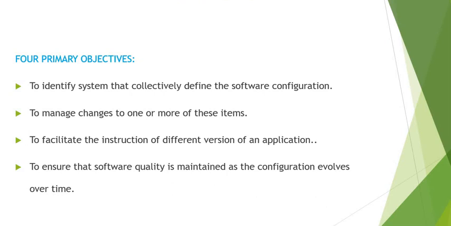Next, the top activities of software configuration management. An SCM plan, that is the software configuration management plan, is prepared for each software project according to a documented procedure. A documented and approved SCM plan is used as the basis for performing the SCM activities.